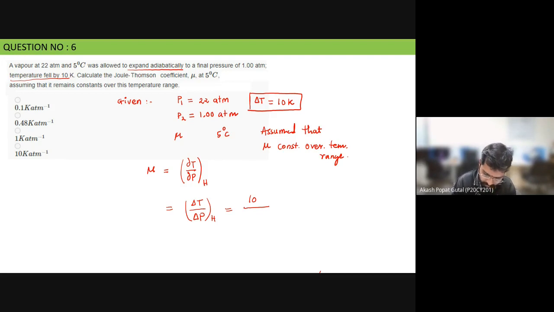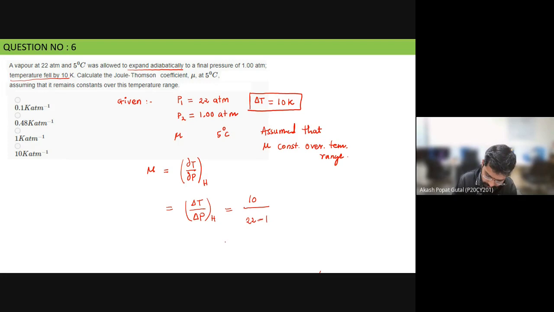P1 and P2 are given, so the change in pressure is 22 minus 1.